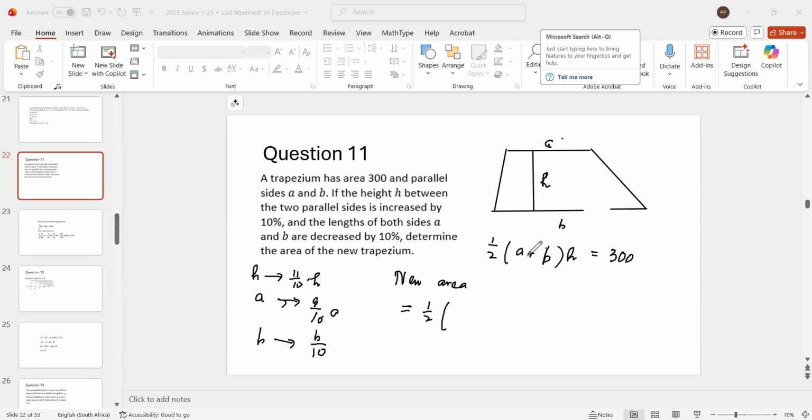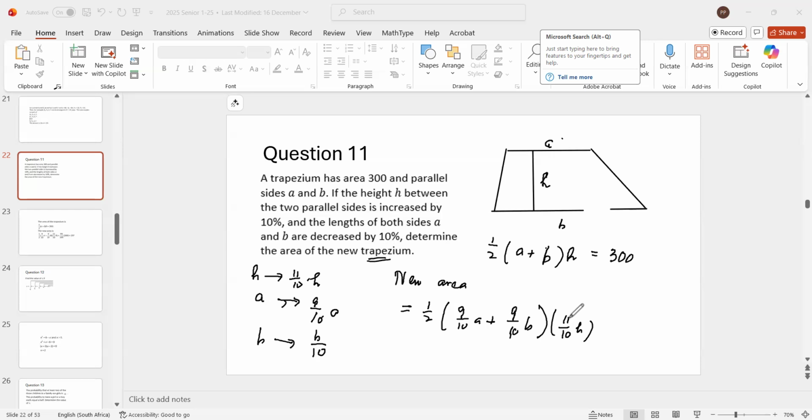But now the new A is 9A over 10, or 9/10 of A, and the new B is 9/10 of B. And the new height is 11/10 of H. So this is the new area, half the sum of the parallel sides times height. And the question is, determine this area.